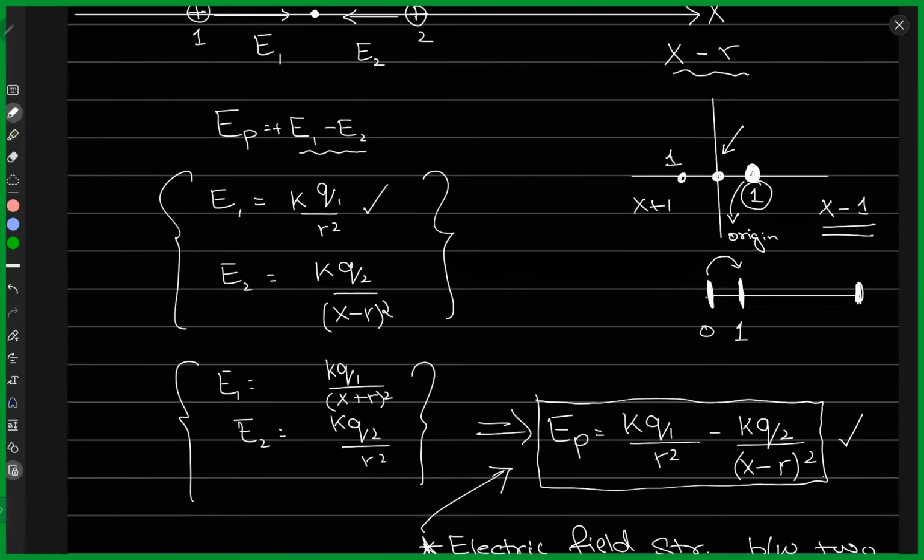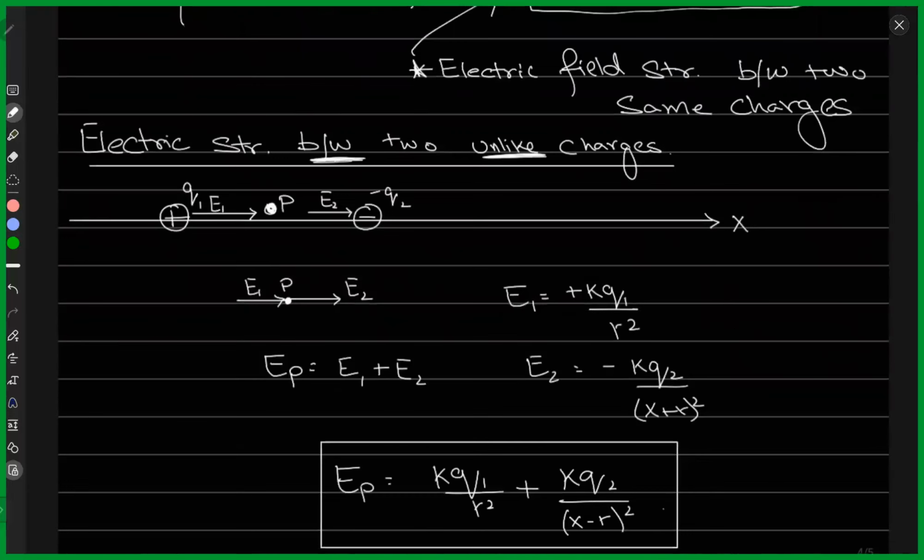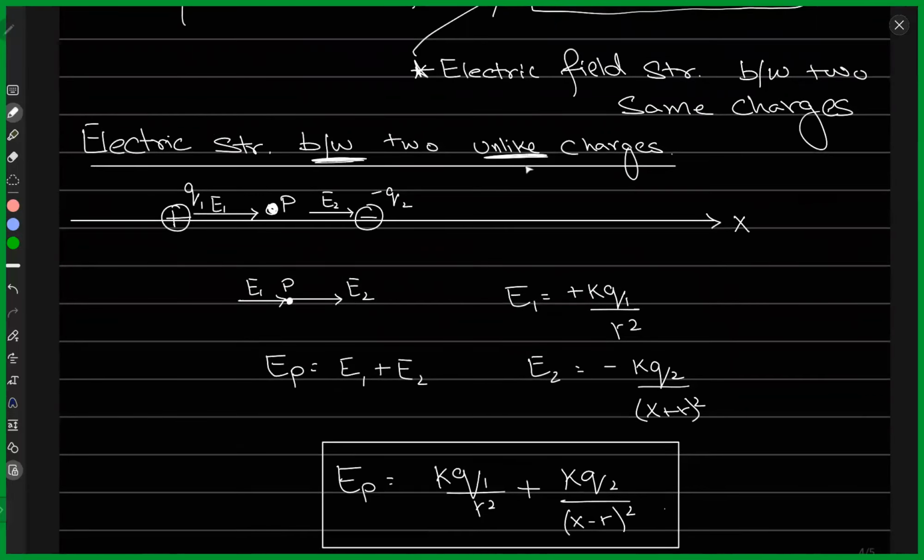Exactly in the same fashion, we computed the same thing if we have two different types of charges, that is, unlike charges. In that scenario, we want to find the electric field at any point P between those two charges. What that means is if I were to bring in any other charge from outside and put it anywhere between these two charges, it would feel the electric field, which would be the sum of the electric fields of these individual charges.